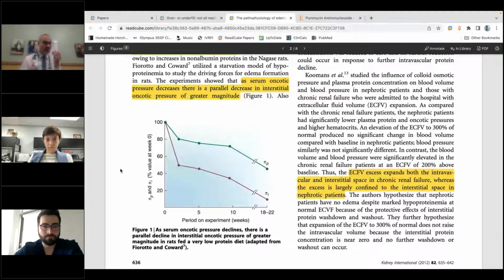Everybody good? Makes sense? I think it makes perfect sense when you read it the way they explain it, the step by step of how you can come to a simultaneous drop in both intravascular and interstitial albumin.